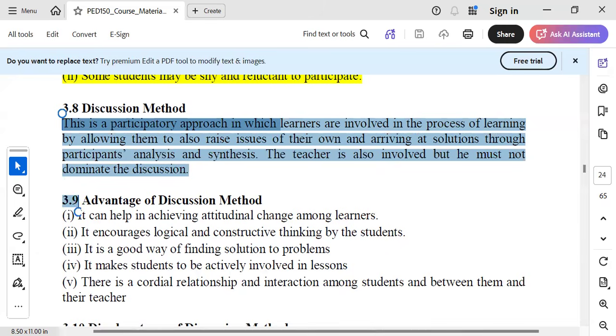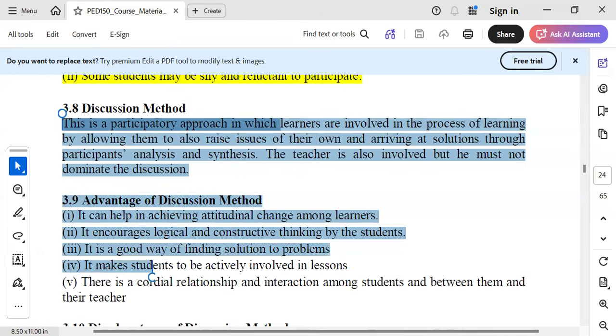What are the advantages of discussion method? It can help in achieving attitudinal change among learners. It encourages logical and constructive thinking by the student. It is a good way of finding solutions to problems. It makes students actively involved in lessons.